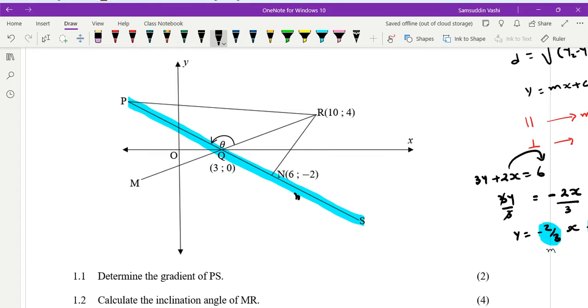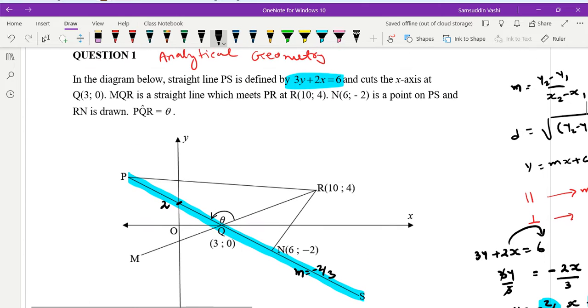Then I can write the gradient: m equals negative 2/3 and my y-intercept should be 2. Whatever I calculate on the side, I fill up my diagram with. So that information is given. I will not go ahead until I finish my work at that point.